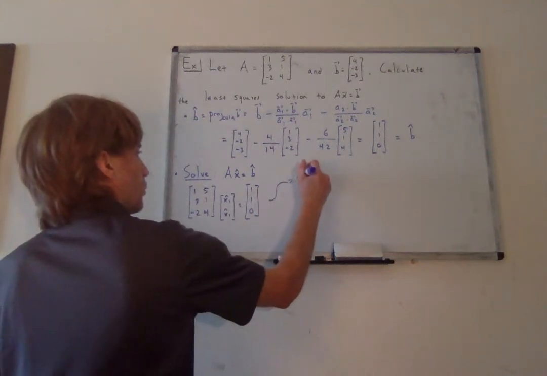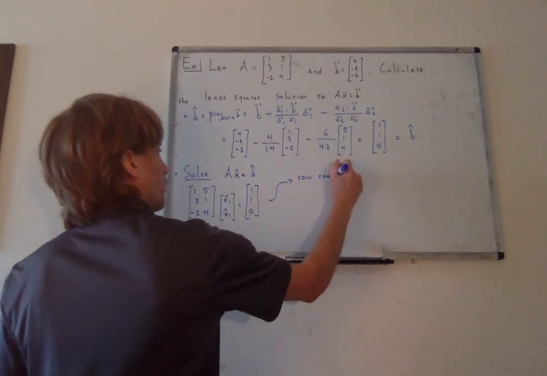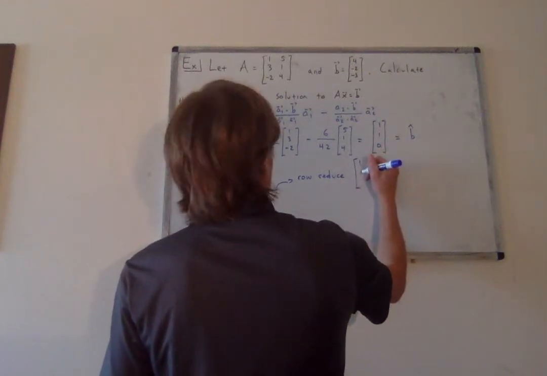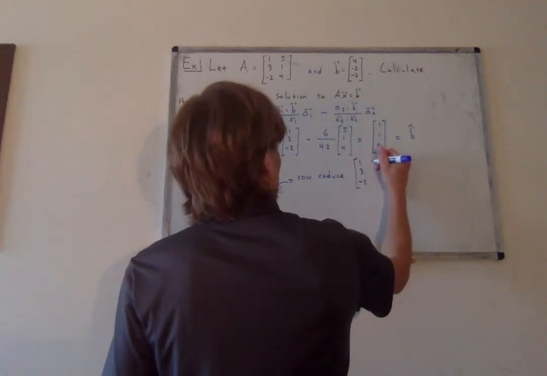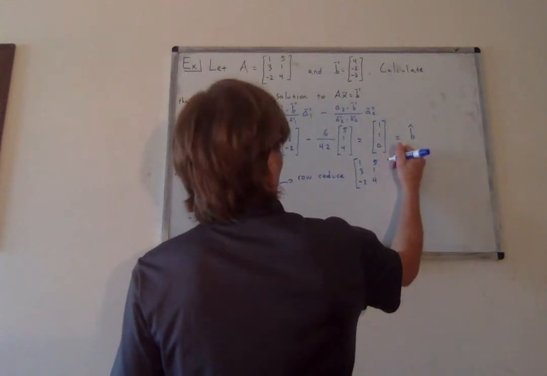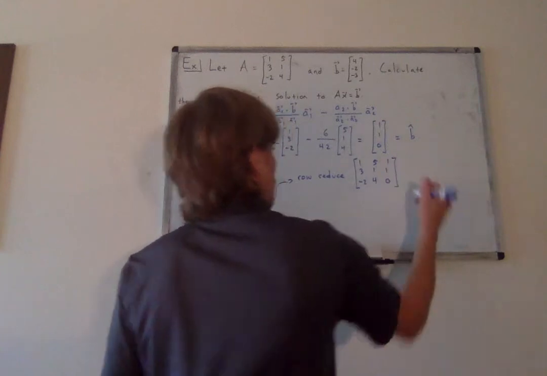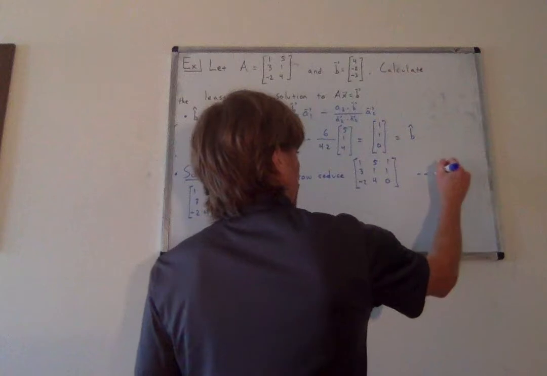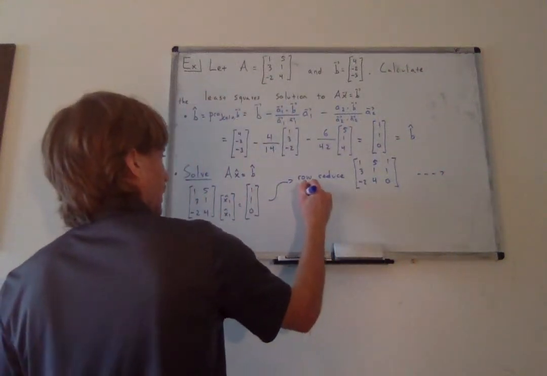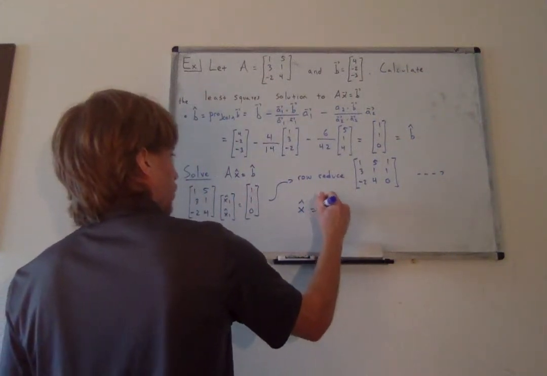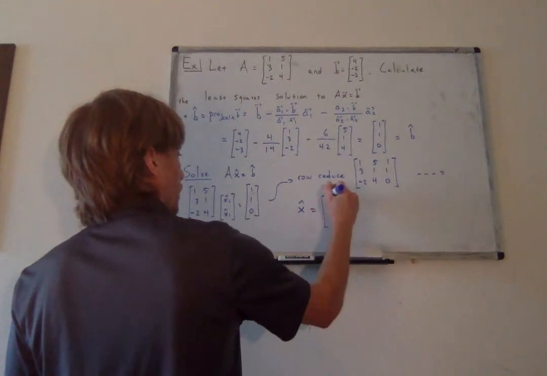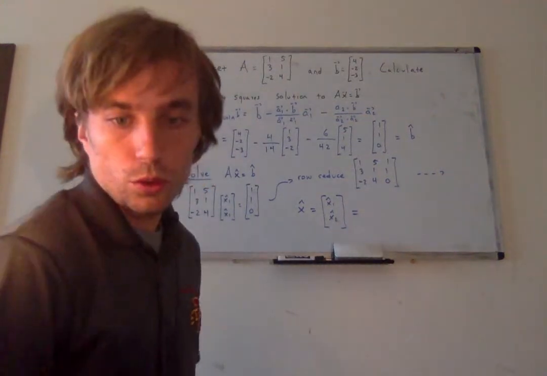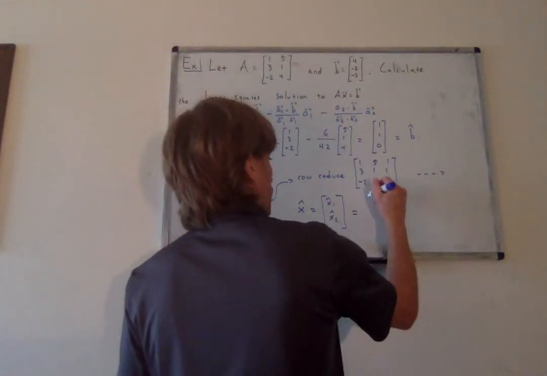Remember, we want to row reduce the corresponding augmented matrix. It feels like it's been a while since we've had to call on our row reducing skills, but doing this, you should get that the least squares solution x hat, which is the vector x1 hat, x2 hat, is equal to 2/7, 1/7.